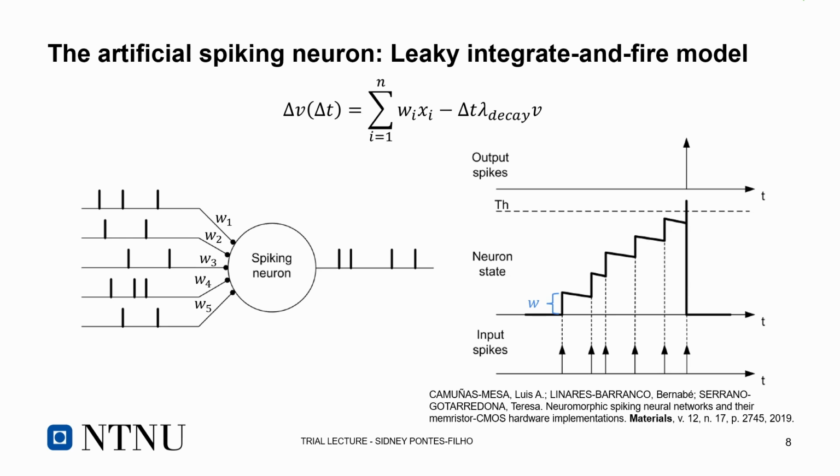We sum over all the connections that this neuron has. And then minus delta T times lambda decay times V is the exponential decay. Delta T is the time step, the lambda decay is the decay factor, and V is the voltage or the membrane potential of that neuron. And this is basically how a spiking neural network works.